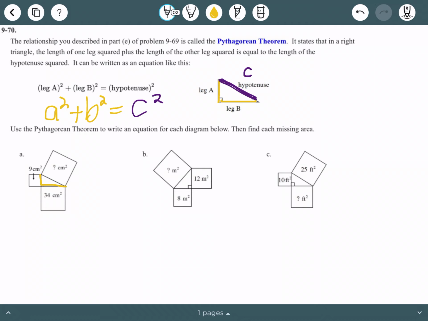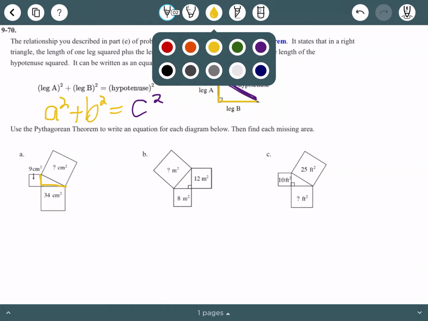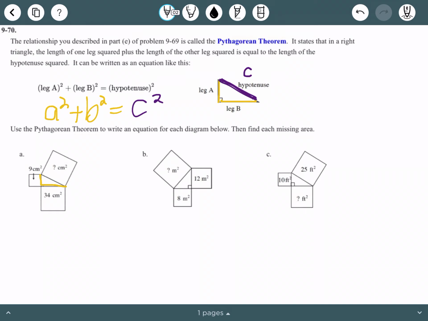So since they have given me that, I know that those are going to go in spots A and B. Now they've already been squared, so I'm going to do 9 plus 34. That's going to equal C squared. Actually, it's just going to equal C because it's already squared. So 9 plus 34 gives me 43.